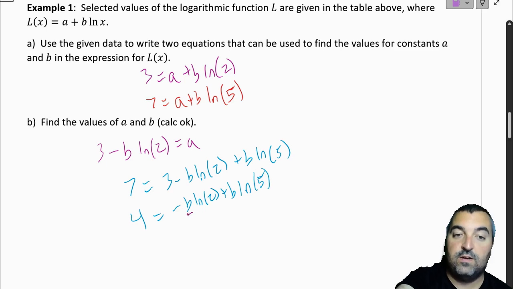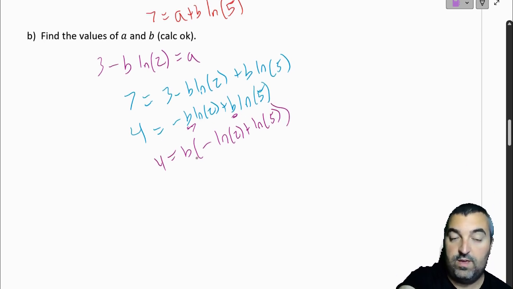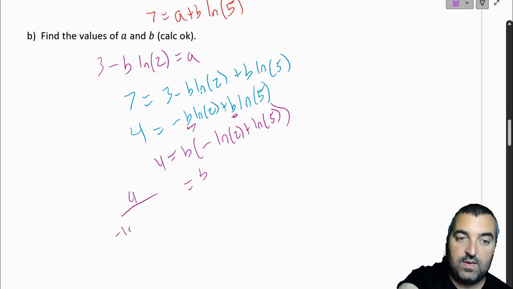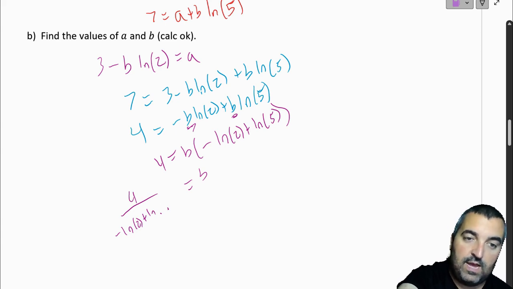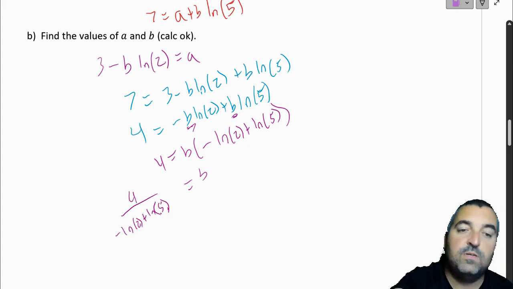You have to understand there's a b in both of these terms, so I can pull a b out, and you get this, equals 4. We're trying to solve for b, so I'm just going to divide by this. You'll notice I haven't actually touched any calculator yet. It's just been equation manipulation. It's a very good skill to have on the AP test because they love to ask you to manipulate things.